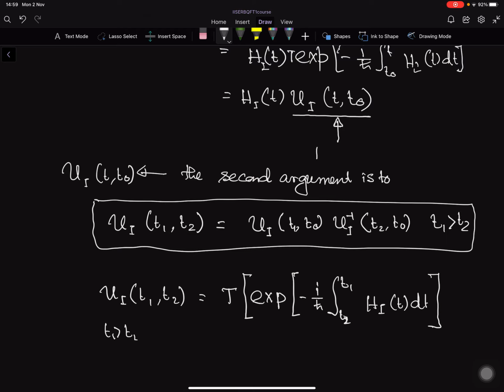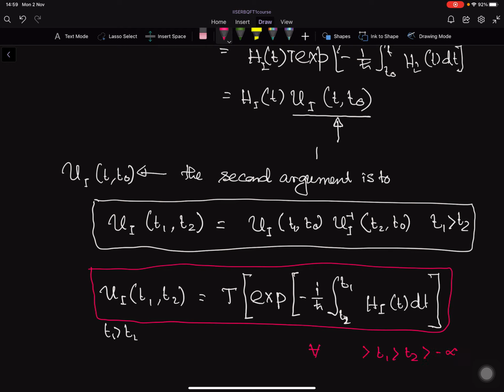Okay, so this is the final expression of ui for all t1 greater than t2, ranging from minus infinity to plus infinity. Okay, and later in the next lecture we will see how we will use this expression to compute our original thing, that's the correlator in the interaction picture.